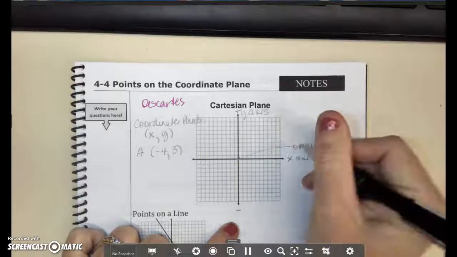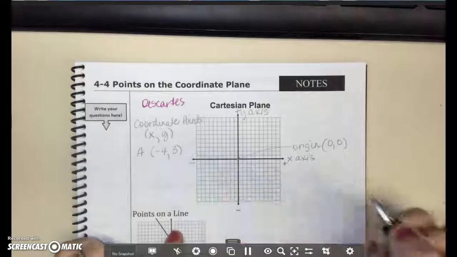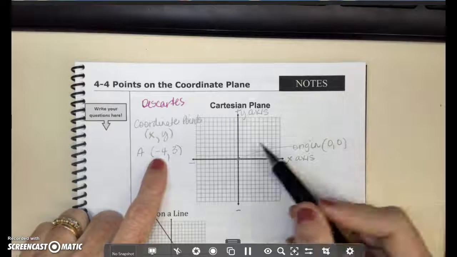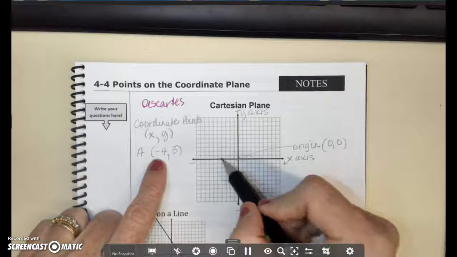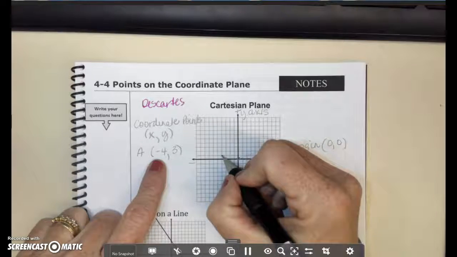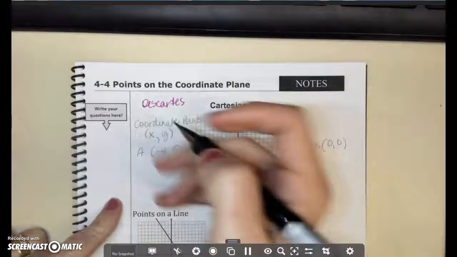On a horizontal number line, we know this is going positive to the right, and going to the left is negative. So this tells you what direction to go. So we're going to go to the left, 1, 2, 3, 4, and then from that point we're going to go up 1, 2, 3. So this would be point A.